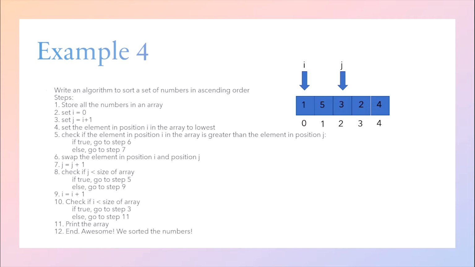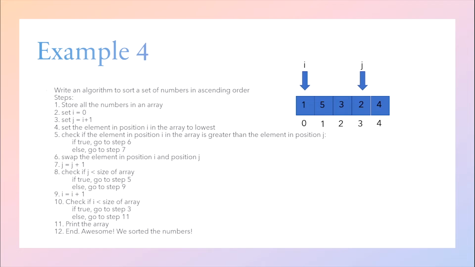So we swap them. Now, the element in position i is 1, and the element in position j is 3. After that, we go back to step 7 and we increase j by 1.